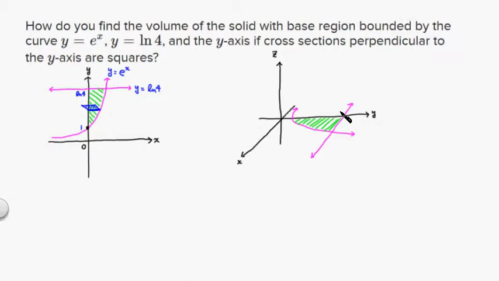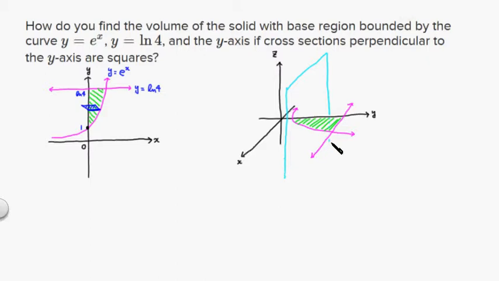So what happens is for each cross section perpendicular to y, think of it as slicing the object by a plane perpendicular to y. It's kind of hard to visualize, so think of this as a plane going like this.